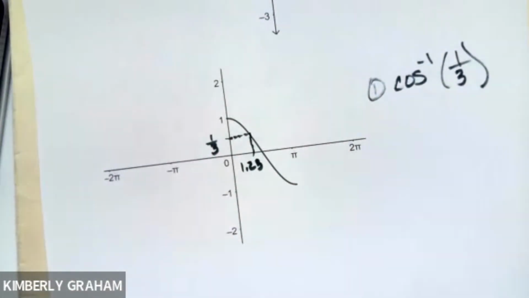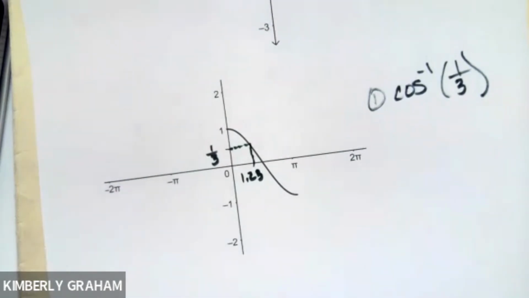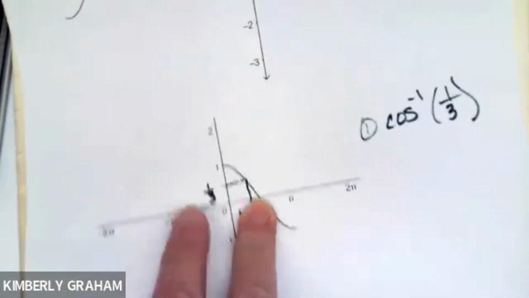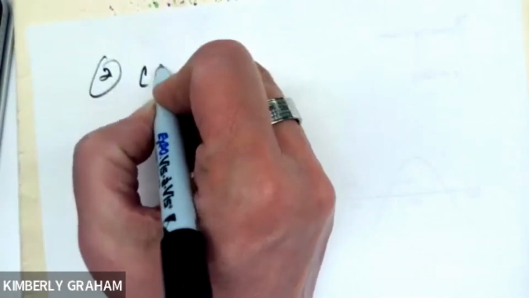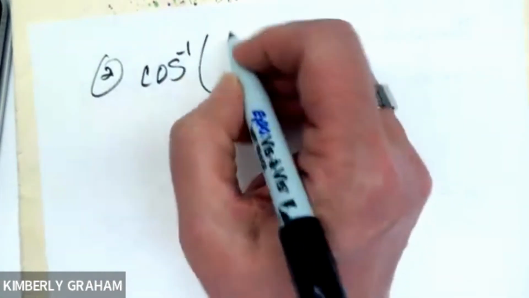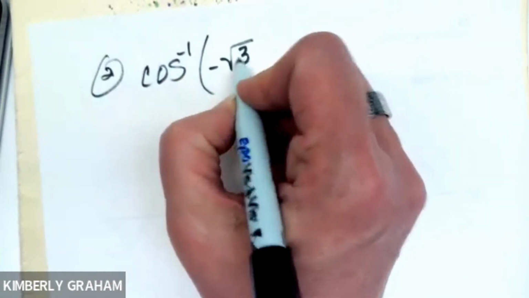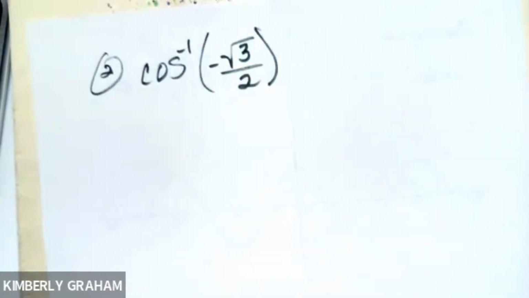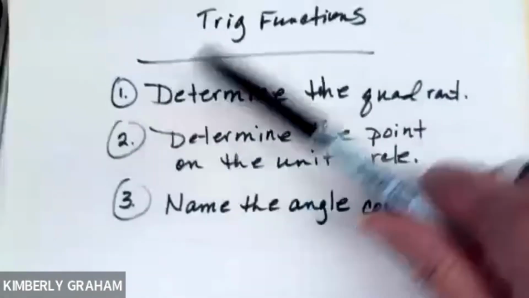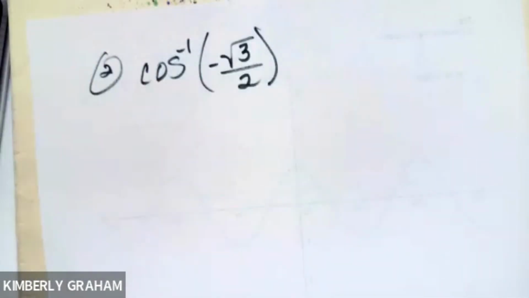So we are going to be doing the same thing with cosine as what we did with sine, but what about those special angles? What if I wanted to figure out the cosine inverse of negative square root of 3/2? Well, still following these same restrictions, determine the quadrant that I'm in.